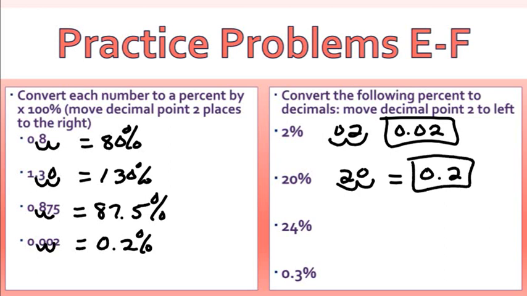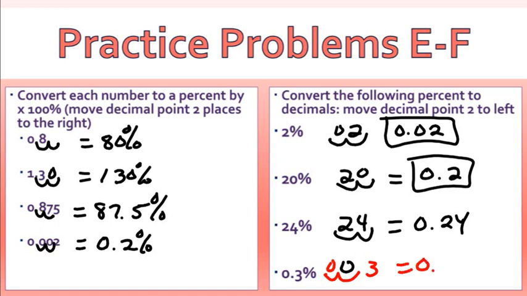And then 24%, 2 to the left, 1, 2, would make that 0.24. And then 0.3%, 2 to the left, 1, 2, so that would be 0.003.